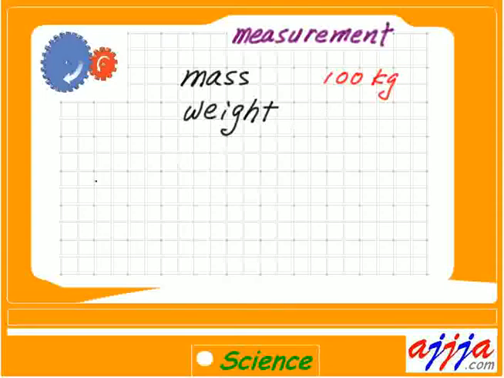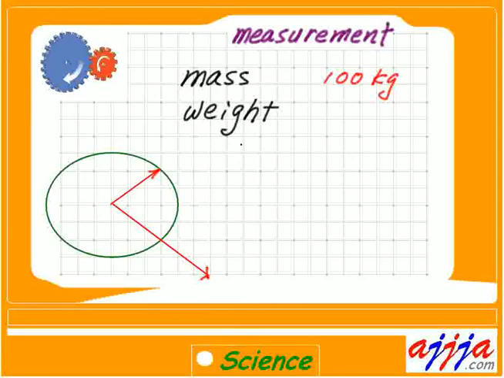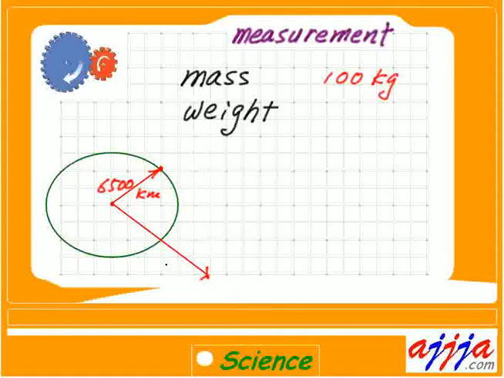Let me draw one picture right here. The Earth. Let's talk about mass first. This is the Earth right here. Somebody is right outside of the Earth, from the center usually about 6,500 kilometers away.